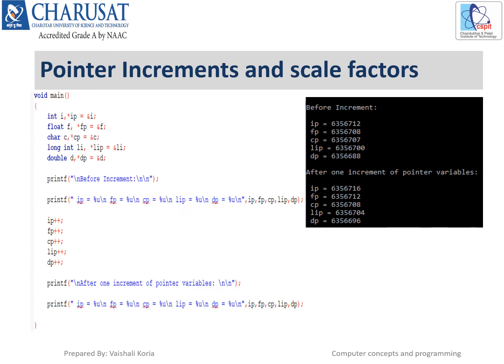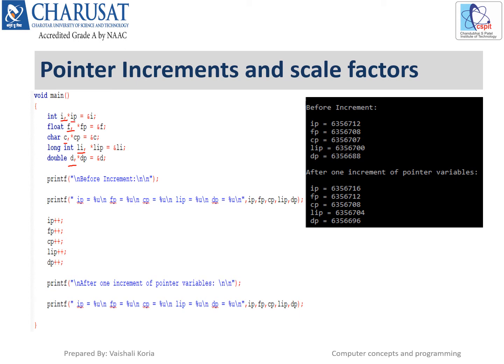Now we'll see another example. Here there is an integer variable and an integer pointer, and in the pointer we are storing the address of the integer variable. You can see there are 5 variables of different types: I, F, C, L, I, and D. The data types are mentioned here: integer, float, character, long integer, and double.